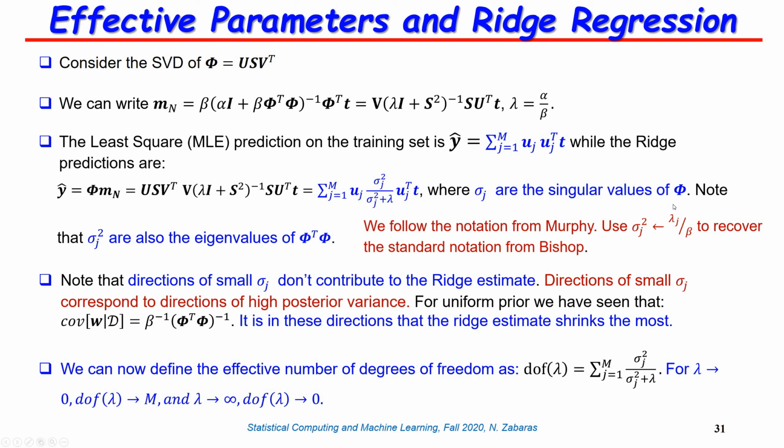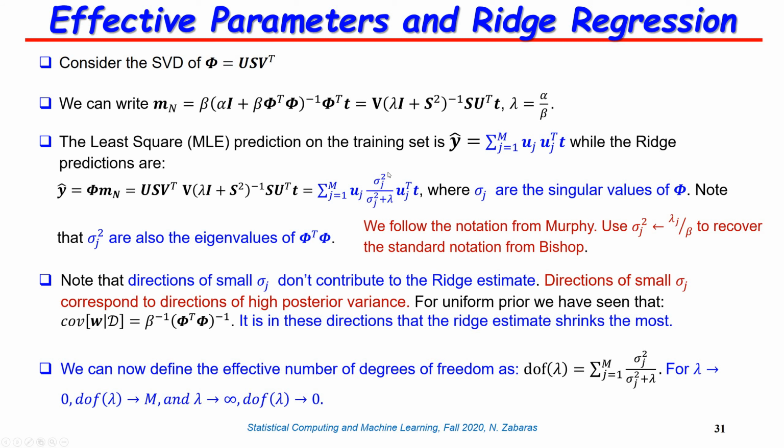If you want to discover this lambda j from the eigen decomposition of beta phi transpose phi, the only thing you have to do is set beta times sigma j squared equal to lambda j. All right. So if you look at the Ridge regularized estimate, this is the Ridge solution.